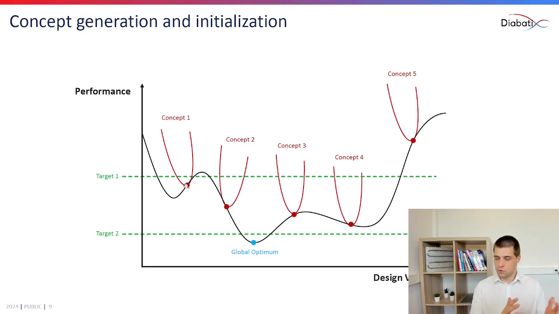In theory, ColdStream can do it, but as you can imagine, it will take time to overcome this hurdle, and it will take quite a few design iterations to then get to a design that's close to the global optimum. While if you start from concept 2 or concept 3, that's basically moving downhill. That's much easier, much faster to then get to the final optimal design, or to get to a design that meets your real target. And that's where the strength lies in using that initialization.